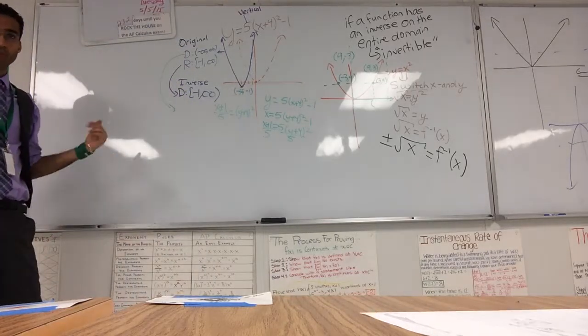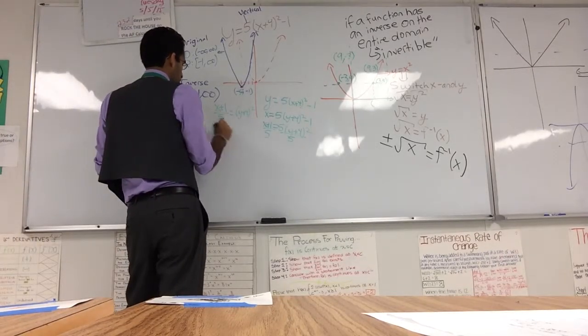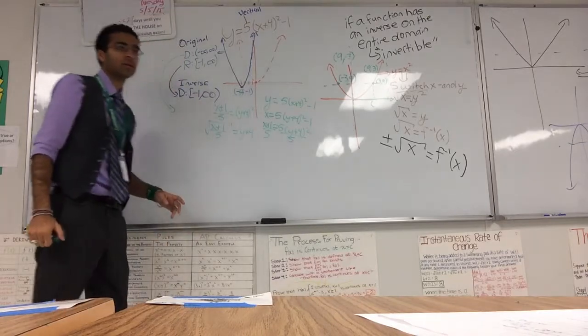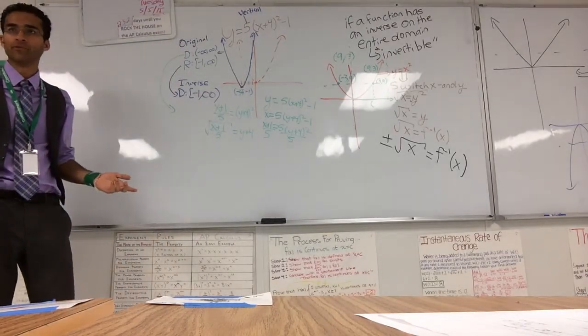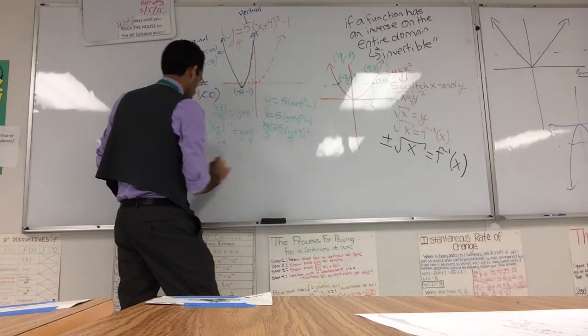Take the square root of both sides. So I've got the square root of x plus 1 over 5 equals y plus 4. And then minus 4 on both sides.